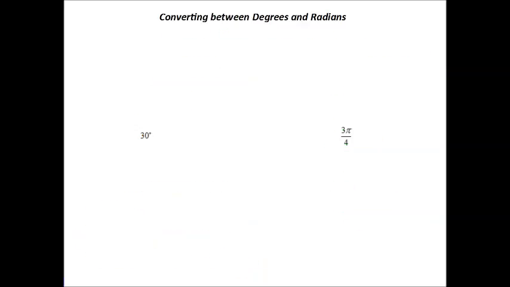The last thing I want to do with you today is talk about converting between degrees and radians. Remember, we said a whole circle measures 360 degrees, and that measurement in degrees is equivalent or equal to measuring the circumference of the circle with 2 pi.